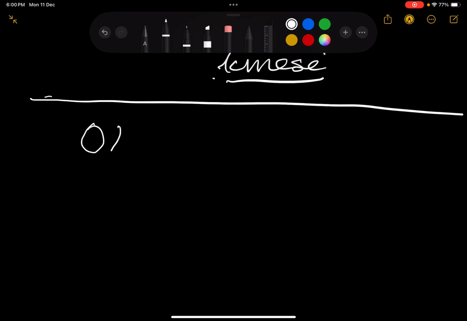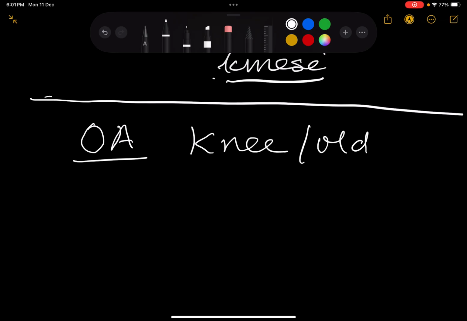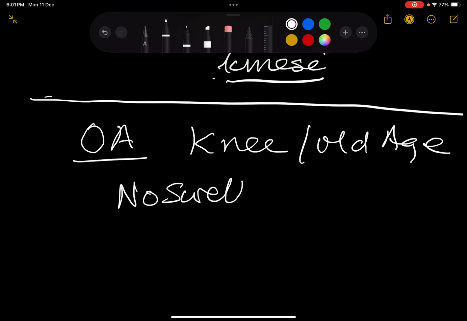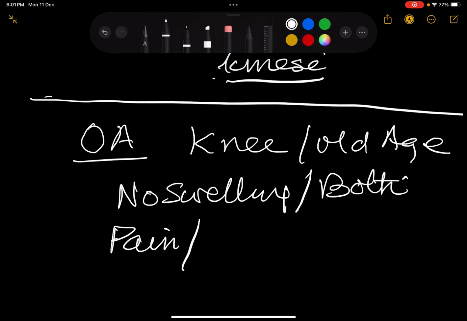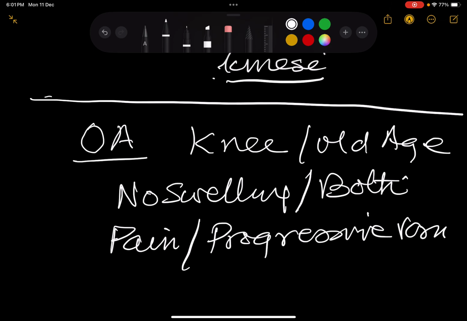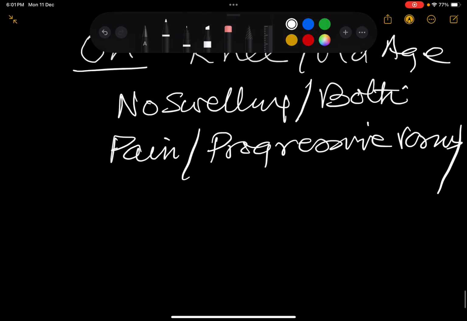The next is osteoarthritis. Basically knee, old age, usually no swelling, usually both knees, usually pain, progressive varus, genu varus, wasting, and limitation of movement.